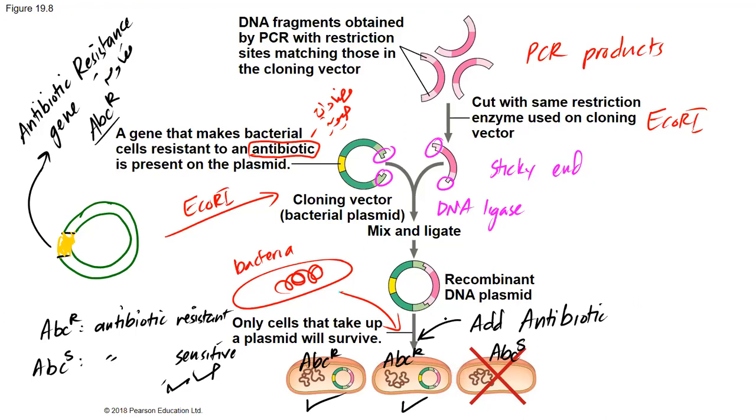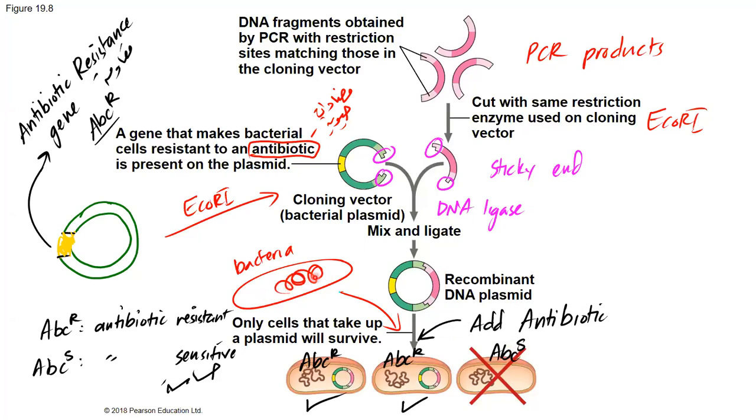So after making cloning and we have a recombinant DNA plasmid, we can add it to the bacteria. Now, before we add the plasmid to this bacteria, what do you think is its phenotype? Is it going to be ABCR or ABCS?